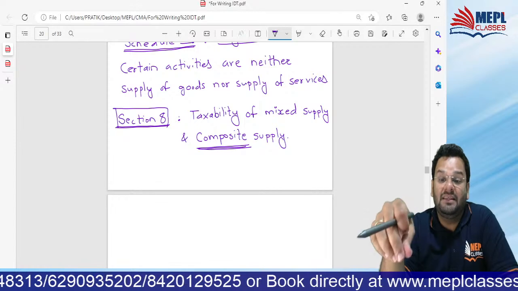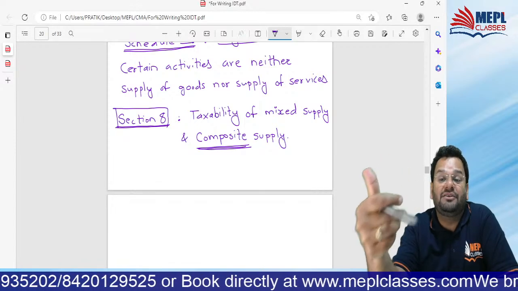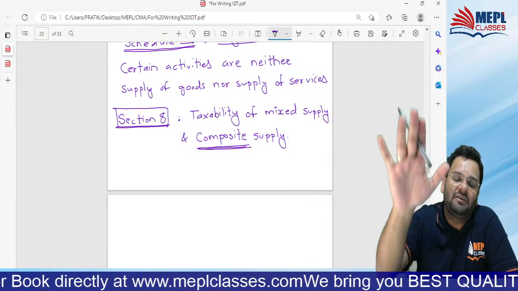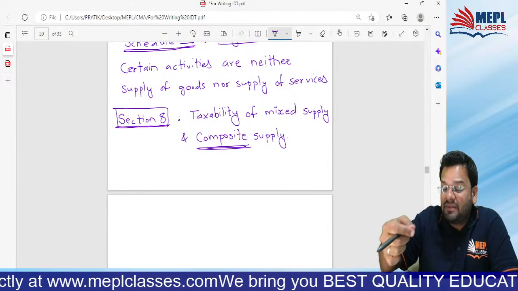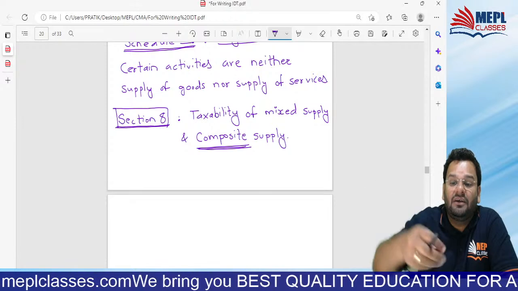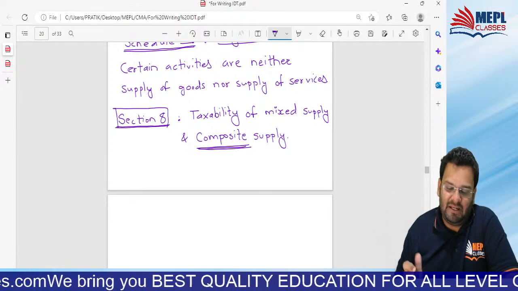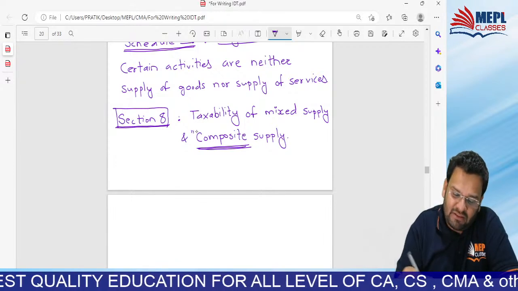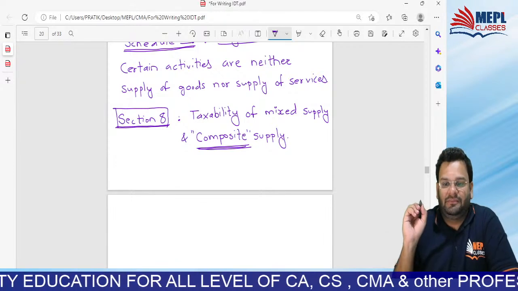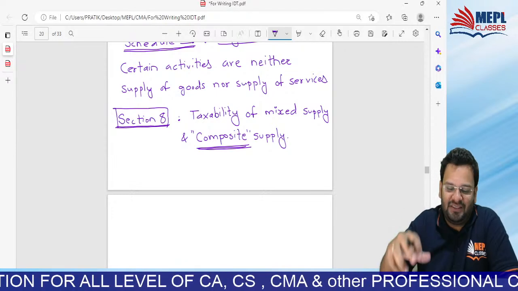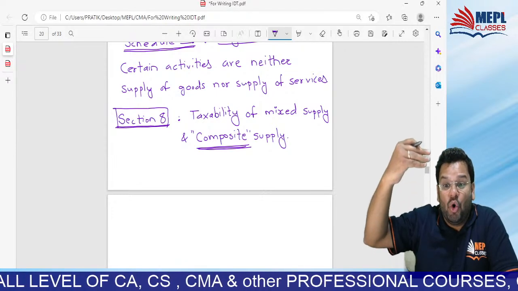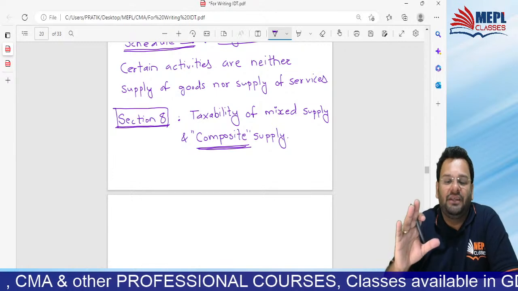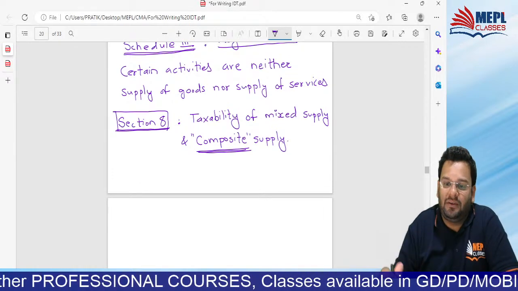Because the main supply is air travel services, and the supply ancillary to it is food. Getting it? So how exactly this will be taxed is discussed in section 8. Today, obviously, we are just taking an overview of sections in the Act. We are going to go into depth as we go ahead.